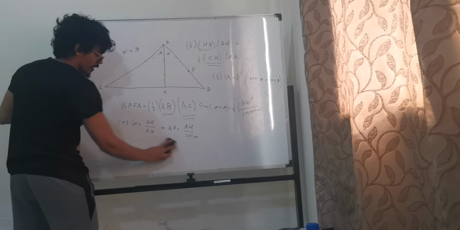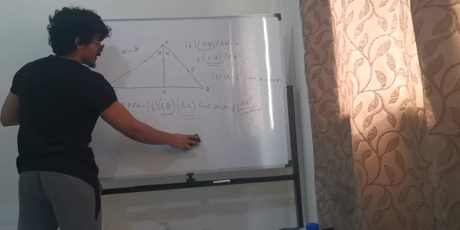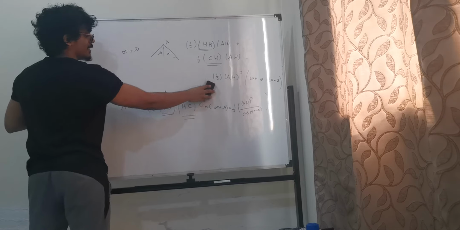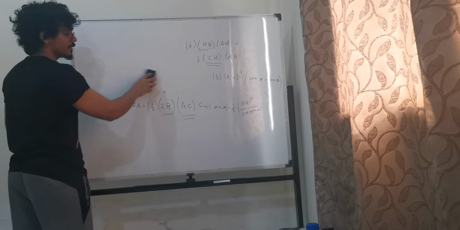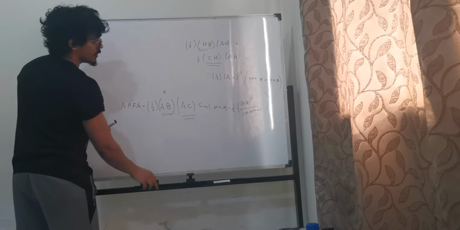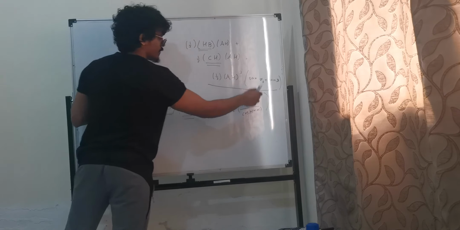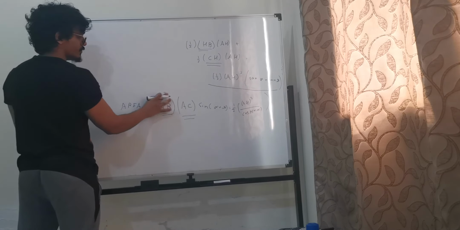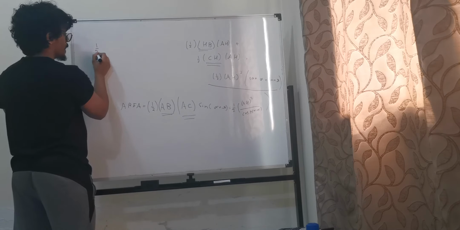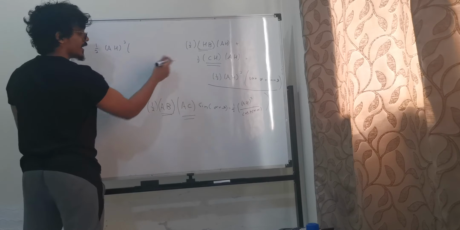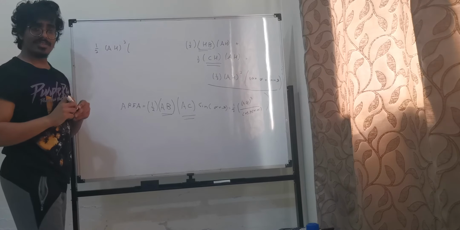Let's find some space and erase the beautiful triangle. This is the first way in which we expressed the area, and this is the second way. Let's equate them. The first way is half AH squared times tan of alpha plus tan of beta.